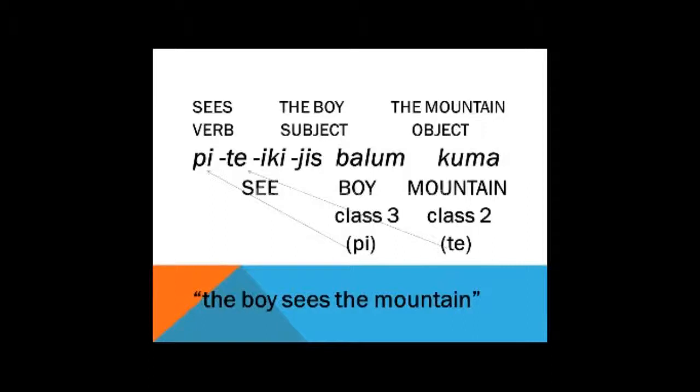And then the rest of the verb. So the verb shows agreement with the subject and the object in the sentence, and it shows agreement in terms of noun class. So the full sentence again, picheyikiyis balum kuma. Okay, and then if you were to translate that back into natural English, you of course would say the boy sees the mountain.